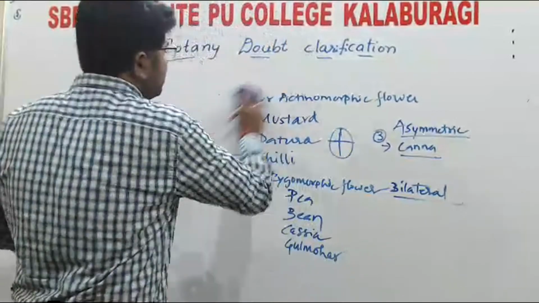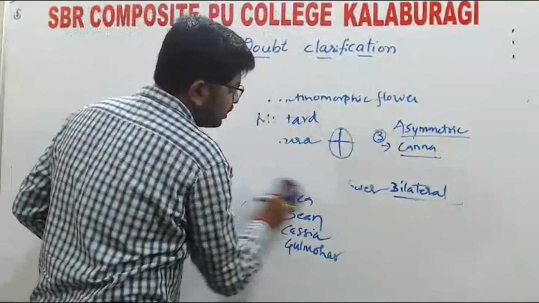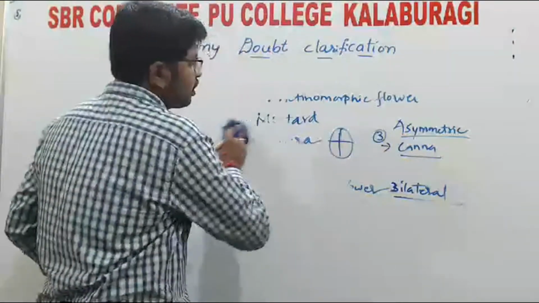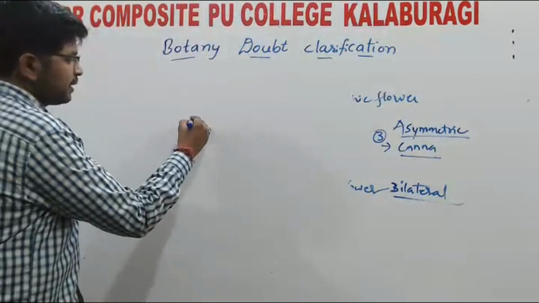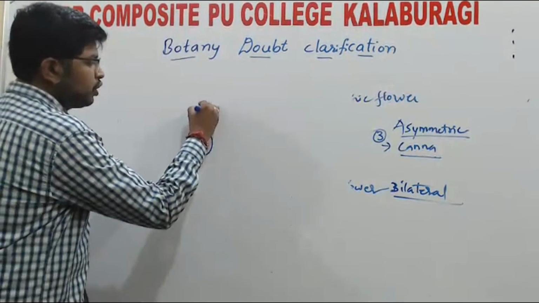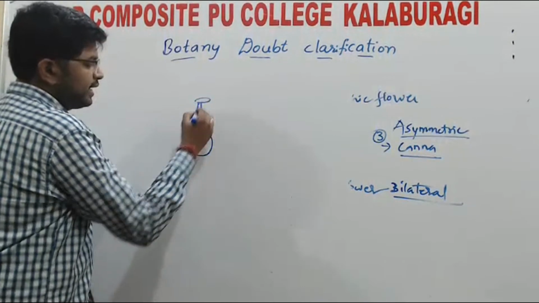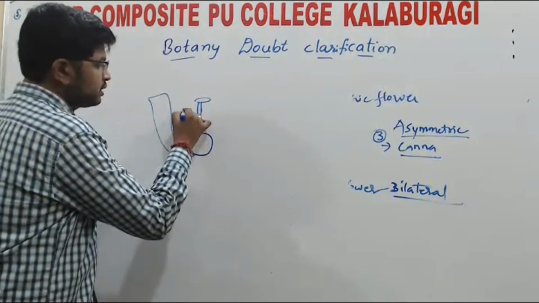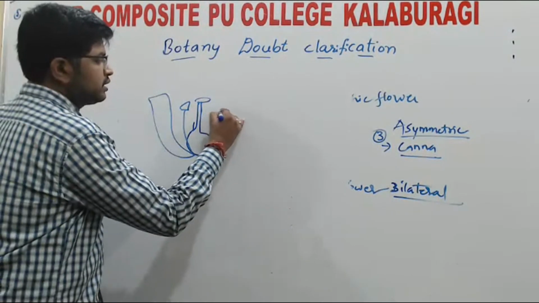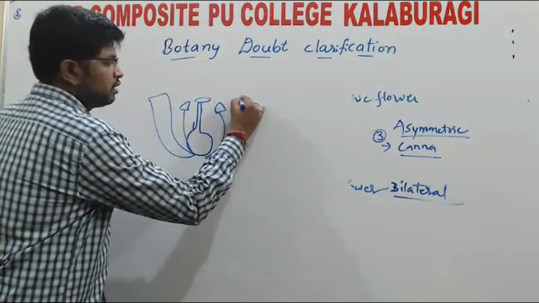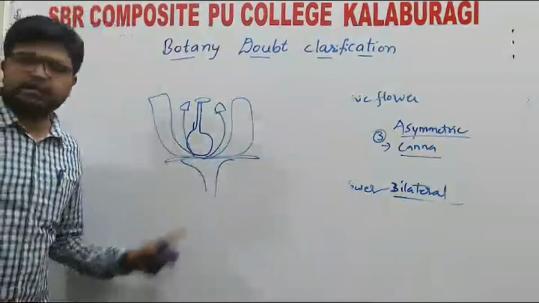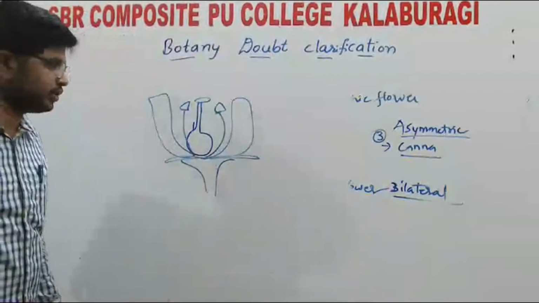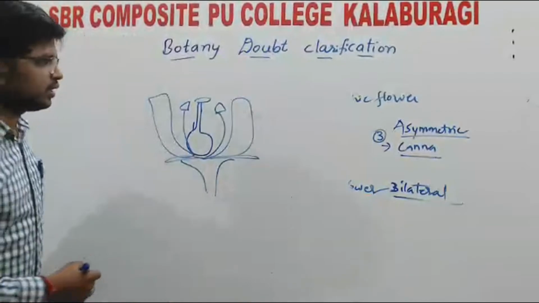If the gynoecium is above and all the floral parts are present below it, we call this the hypogynous condition.